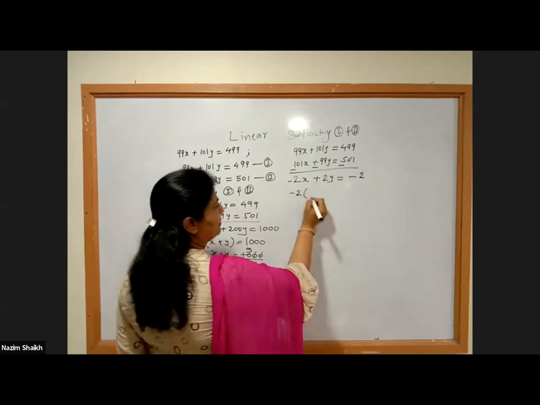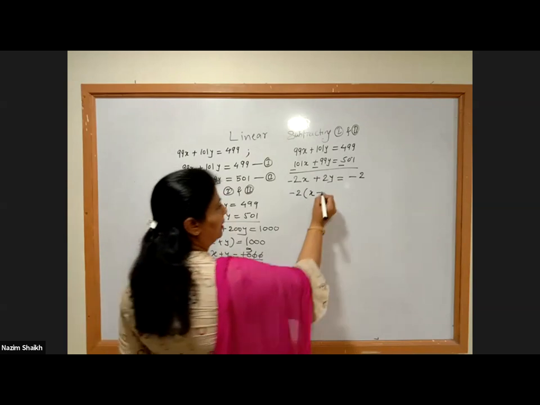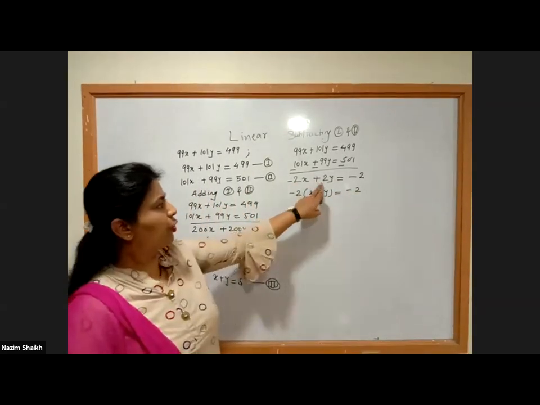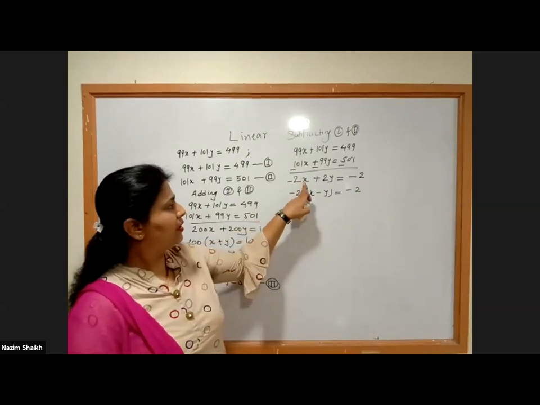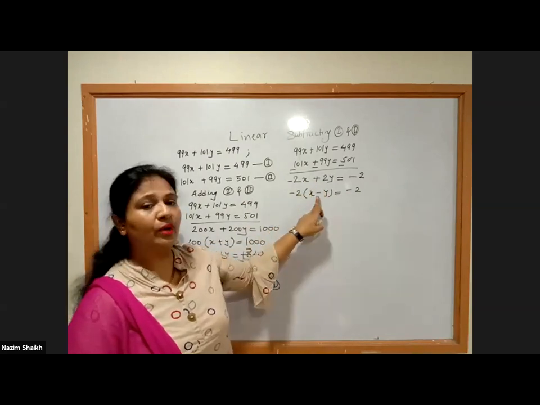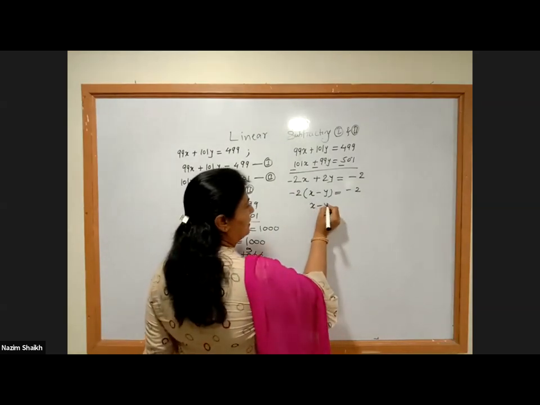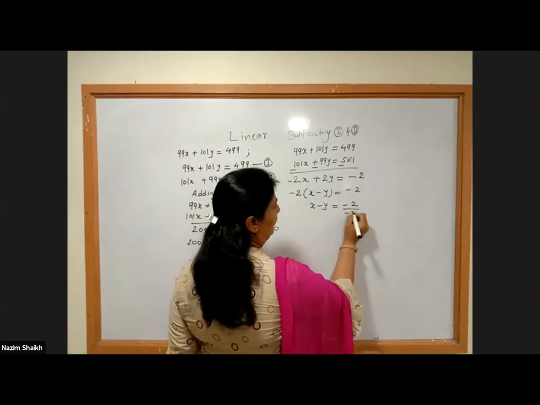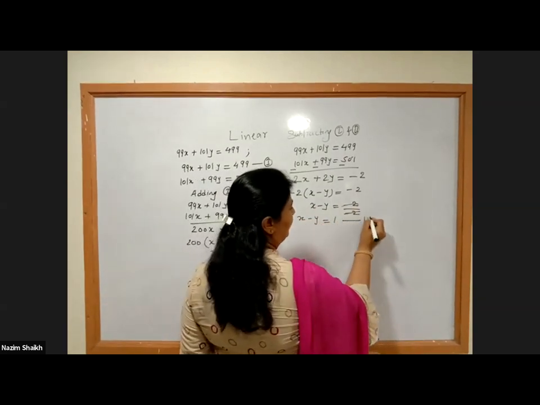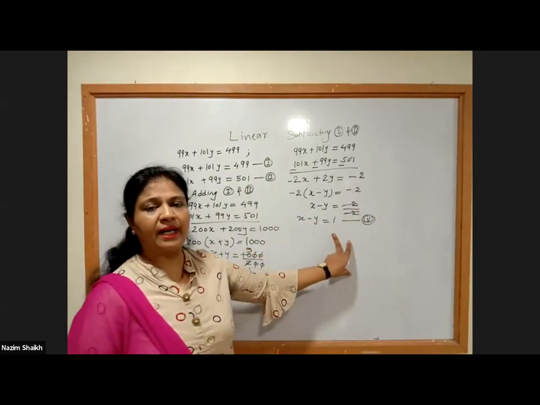What remains is x, and this plus will become minus, because if you take minus 2 out from both, the x as it is a plus sign, and you have taken minus 2 out, the inside sign will become minus. So x minus y is equal to minus 2 upon minus 2, and you got another equation, equation number 4, that is x minus y is equal to 1.